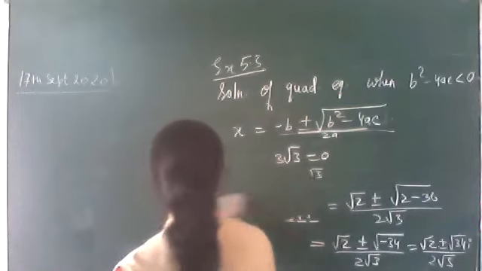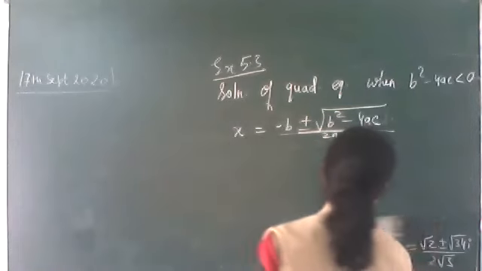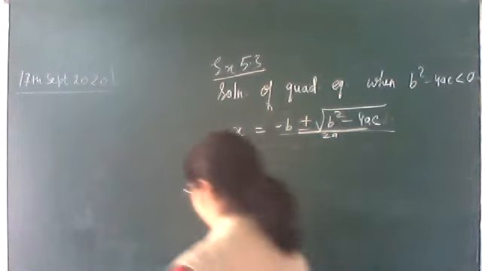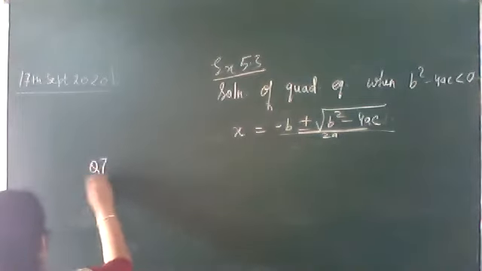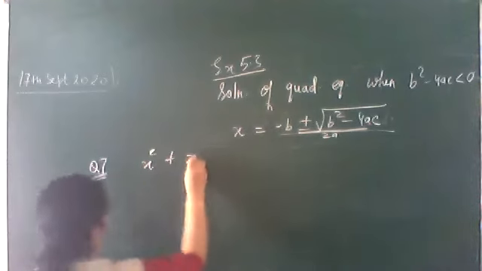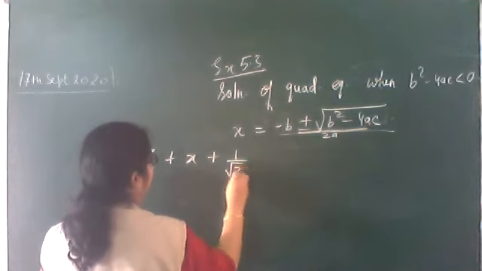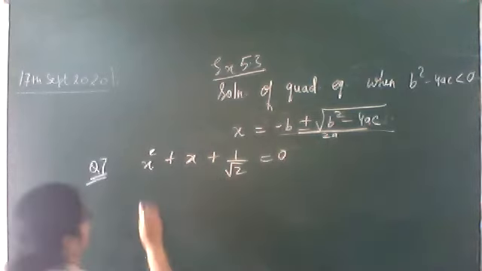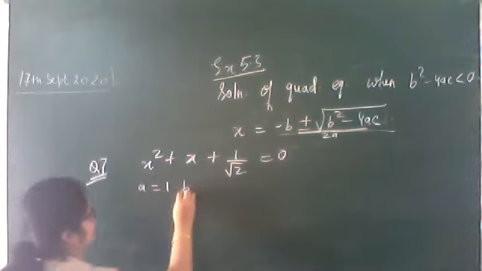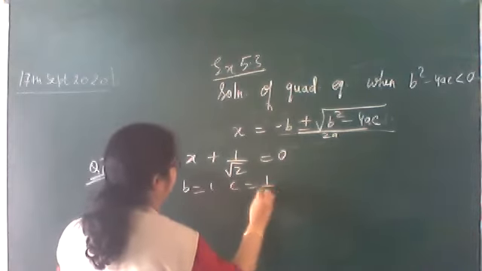Come to question number 7. So here question number 7 is x square plus x plus 1 by root 2 is equal to 0. So now what you can write, a is equal to 1, b is equal to 1, c is equal to 1 by root 2.